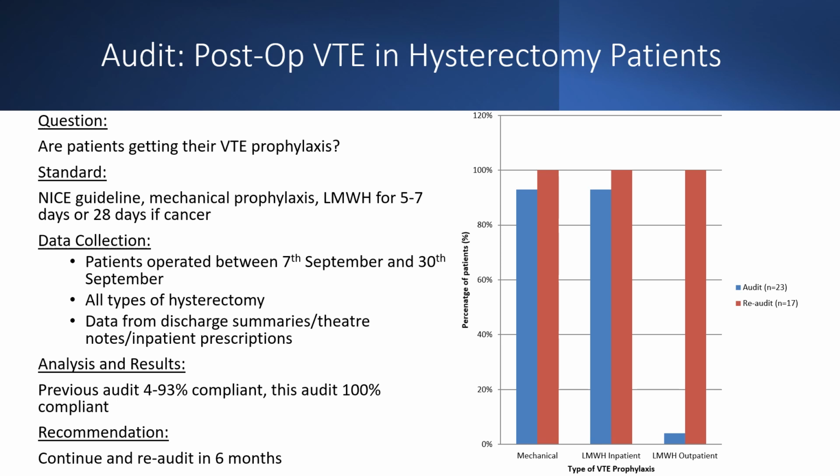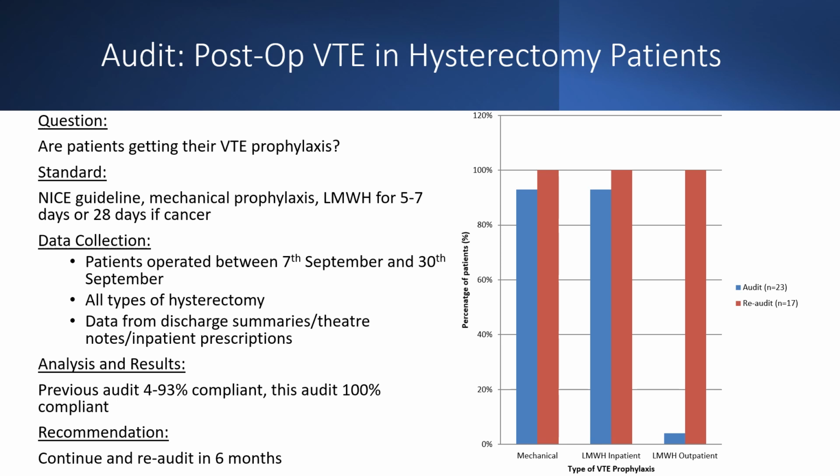So the standard that I identified was the NICE guideline, which said that for patients who've had a hysterectomy, they should have TED stockings on, so mechanical prophylaxis, and then some low molecular weight heparin for either 5 to 7 days if it was a benign patient, or 28 days if it was a cancer patient.